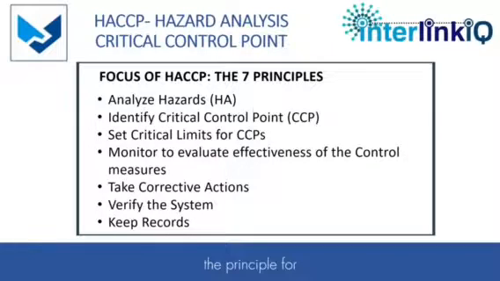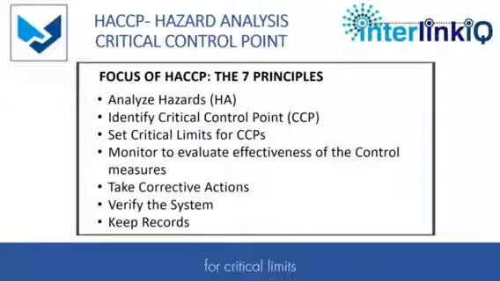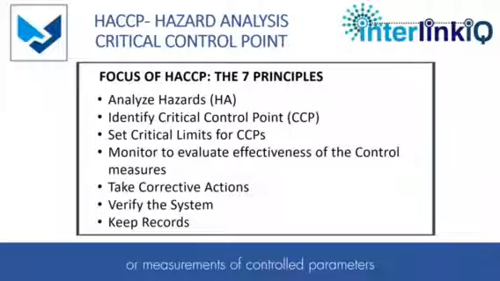The principle 4 involves the establishment of monitoring procedures for critical limits. Monitoring is defined as the act of conducting a planned sequence of observations or measurements of control parameters to assess whether a CCP is under control.